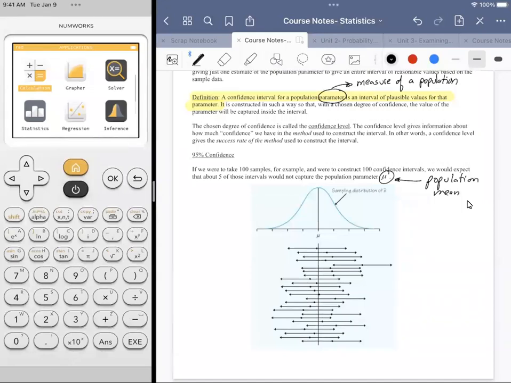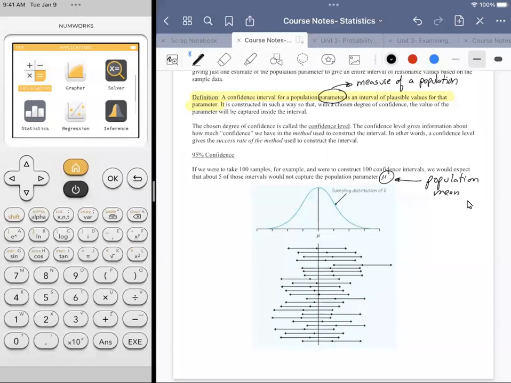What would happen is, and we did this in the third tech assignment, you create a sample. That sample may give you a measure that's pretty close to the population mean. We found sample means, we did it 10 times. Some of those sample means are probably pretty close to the population mean, and some probably weren't.